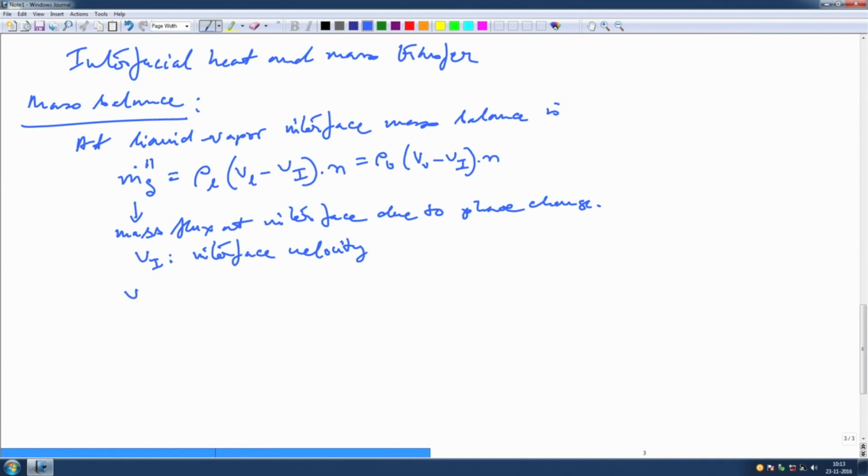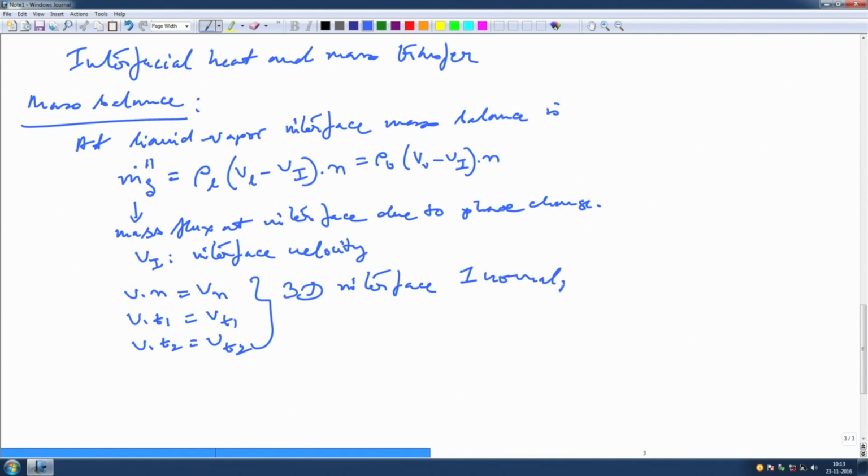Now, this is the normal component of the velocity, this is the first tangent, and this is the second tangent, because it is a 3D interface. Interfaces are normally 3D, so you need one normal and two tangents to define it, got it.